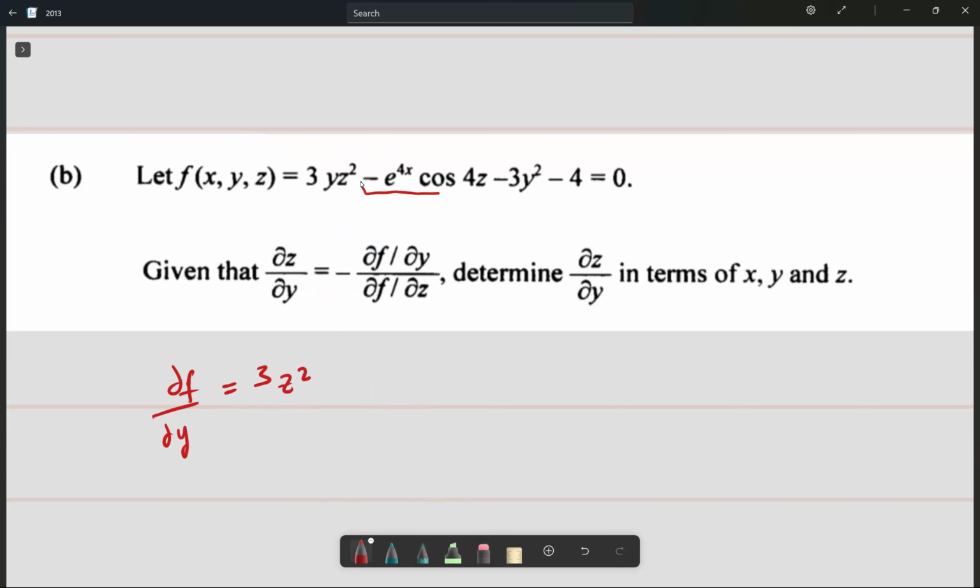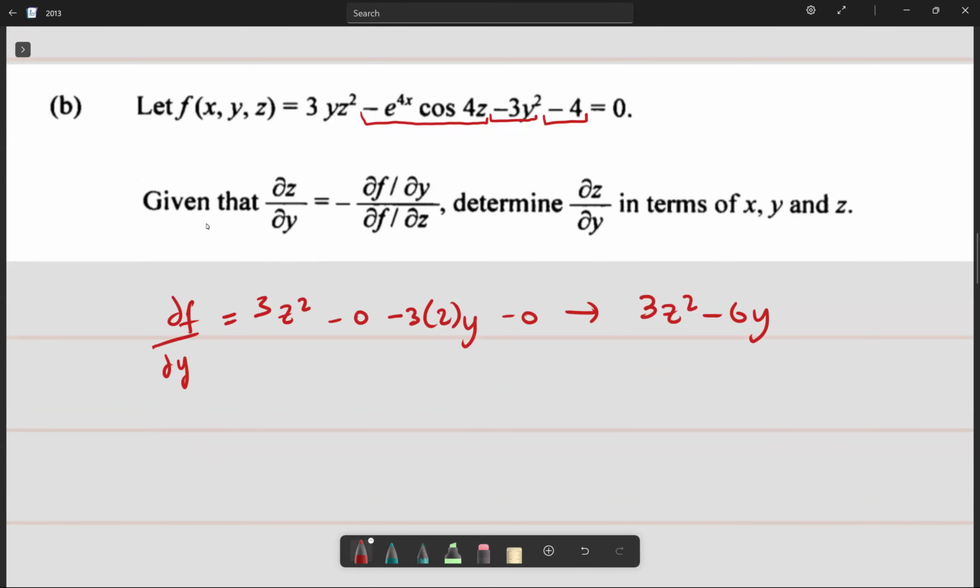This part has no y in it, so it's 0. This part is minus 3, bring down the 2, keep the y. This part is just a constant, so it's 0. The final answer I get is 3z squared minus 6y.